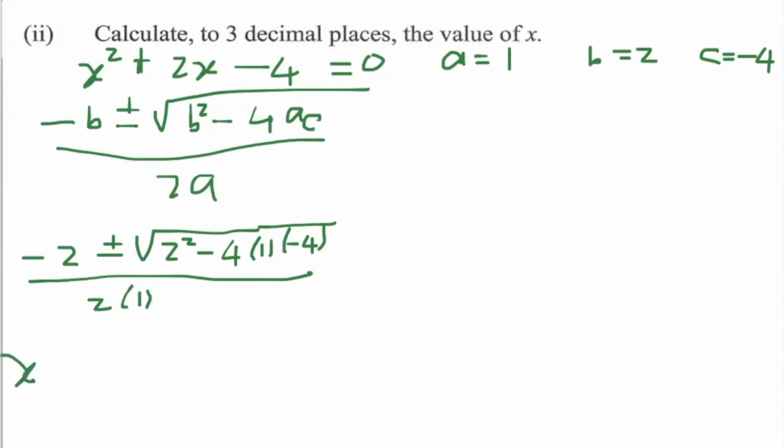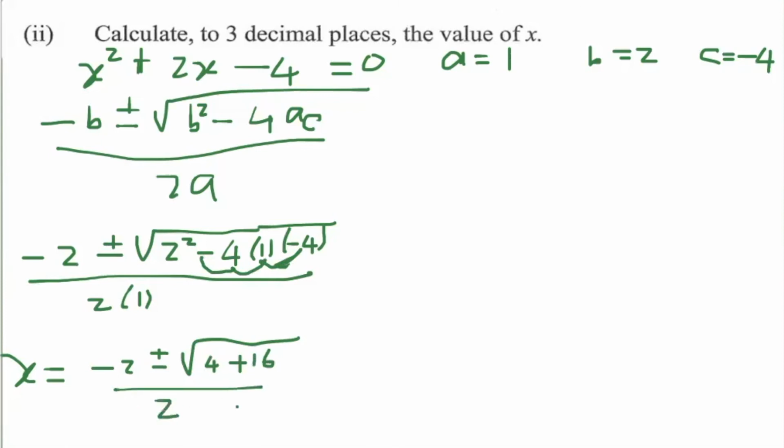So I'm finding the value of x. I'll have minus 2 plus or minus the square root of 2 squared is 4. Now minus 4 times 1, that's negative 4, times 4, that's minus 16. And then this sign changes to plus 16. 2 times 1 in the denominator is 2.